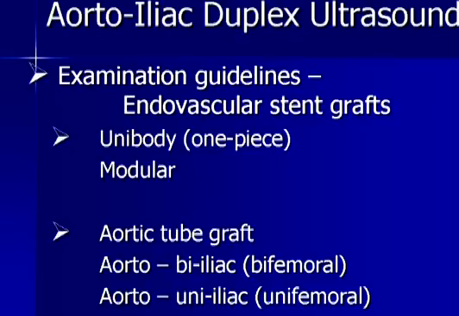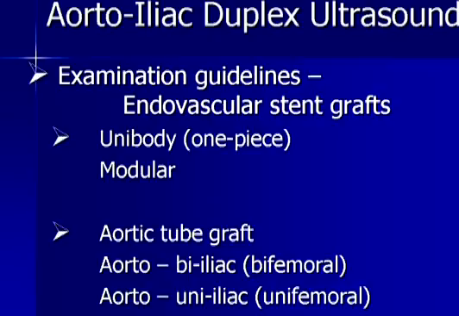The endovascular stent grafts come in a variety of shapes, forms, and types. They may be unibody, which is to say a one-piece endovascular stent graft. They may be modular, in which there are a number of parts and pieces to the stent graft which are assembled inside the body using percutaneous catheter-based techniques.